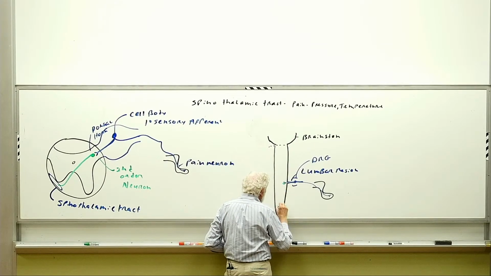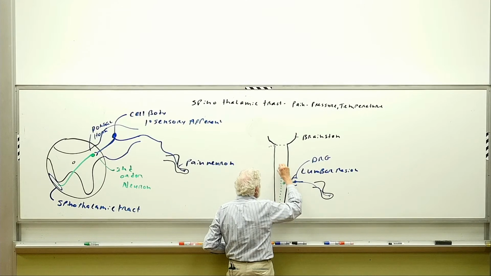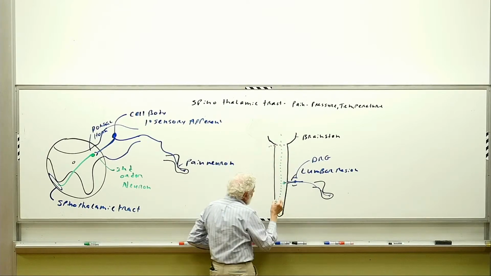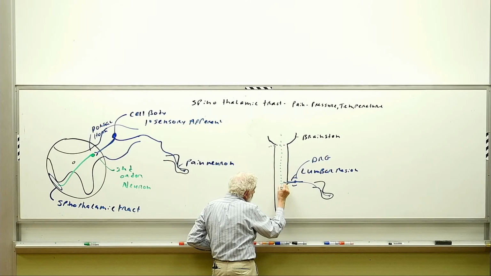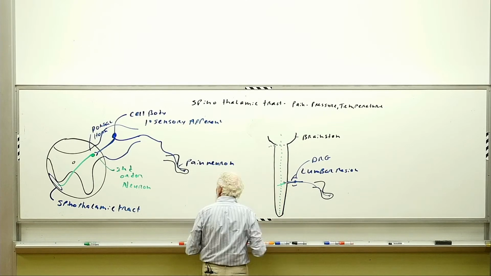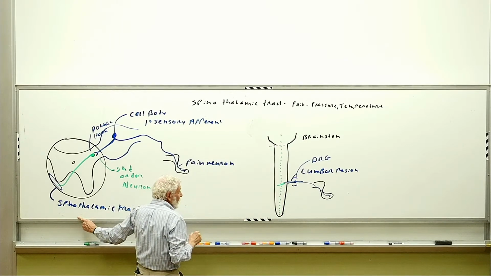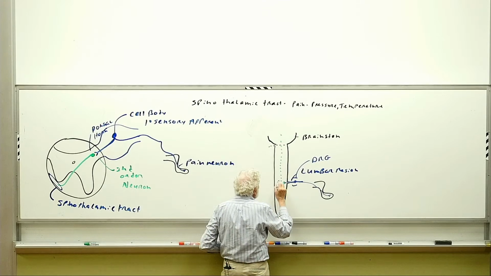Now remind you that we're bilaterally symmetrical and we have a kind of midline, and that the second order neuron crosses over the midline and enters this spinothalamic tract. That tract now ascends the cord.